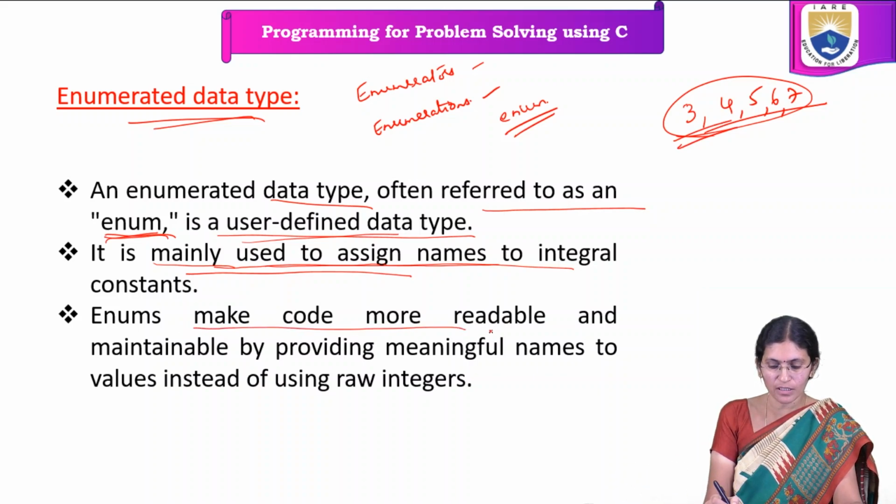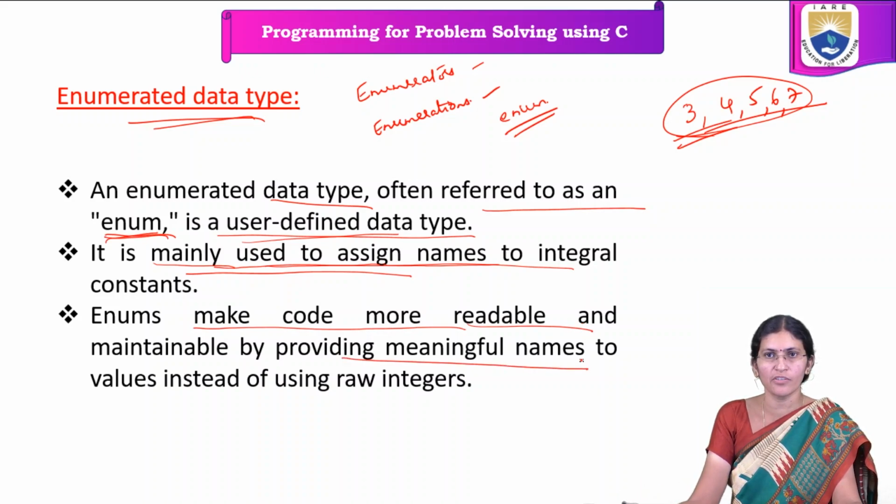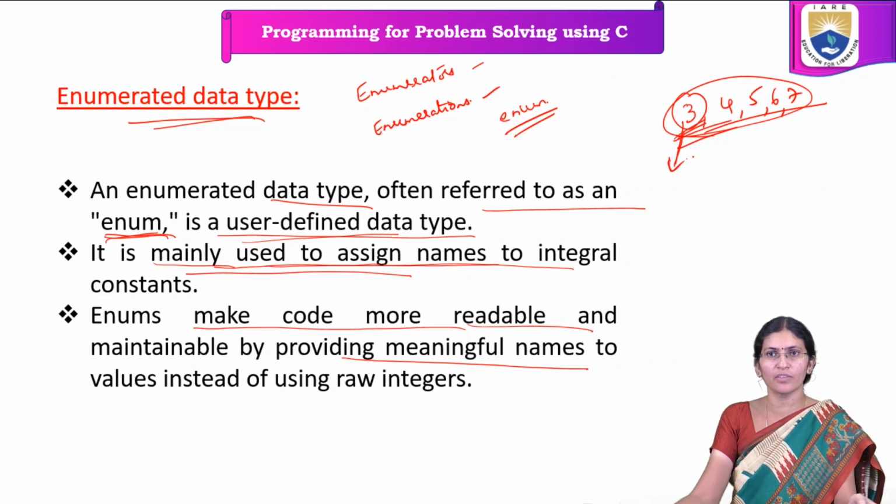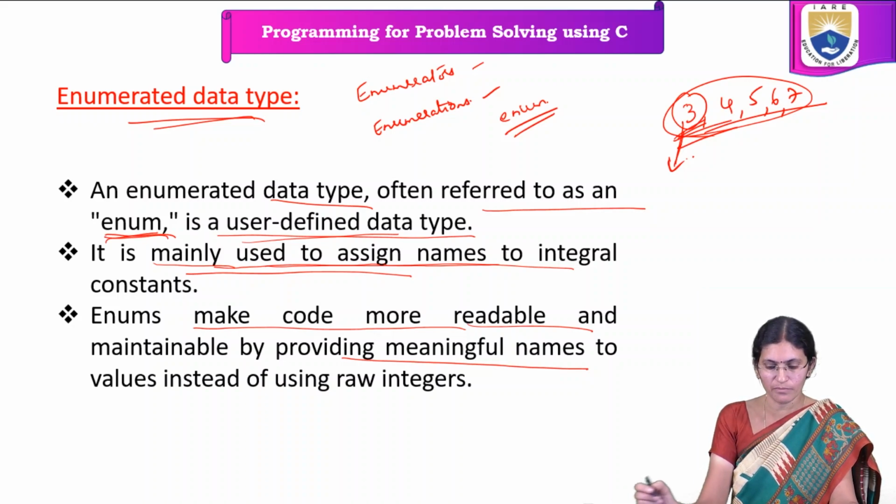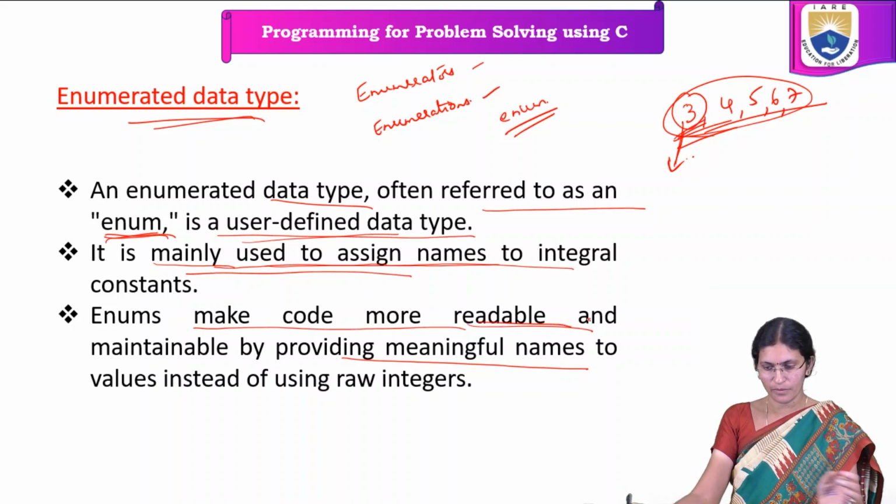Enums make the code more readable and maintainable by providing meaningful names to the values instead of using raw integers. Instead of directly specifying the integral constants, we can assign a name to each integral constant and use that name in the program, because of which the code becomes more readable and maintainable.